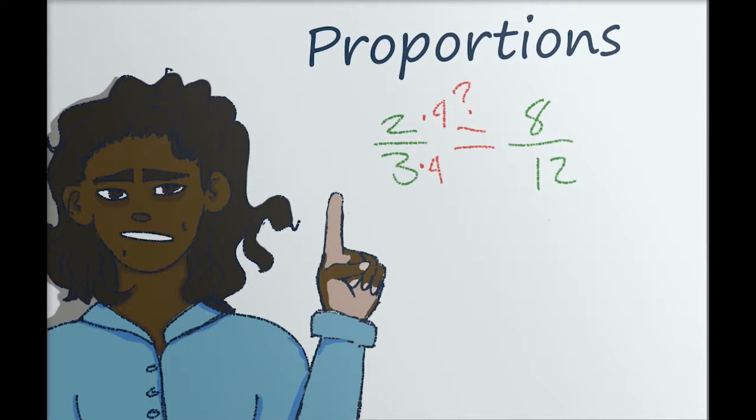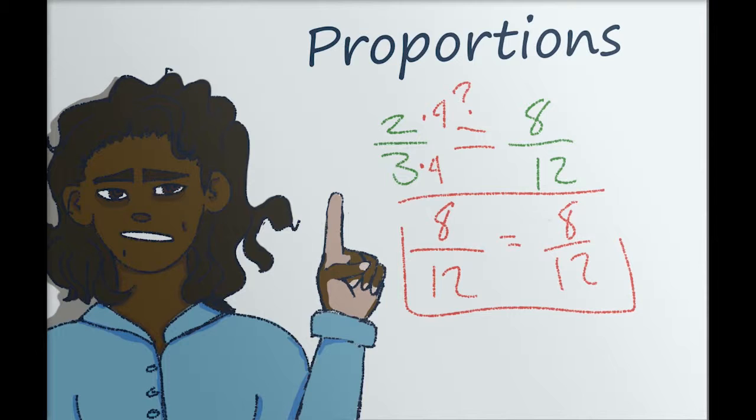You have to make sure that you also multiply the numerator. This number right here needs to be multiplied as well. So what this leaves you with is 8 over 12 is equal to 8 over 12. And who'd have thunk? So that's our answer for this problem.